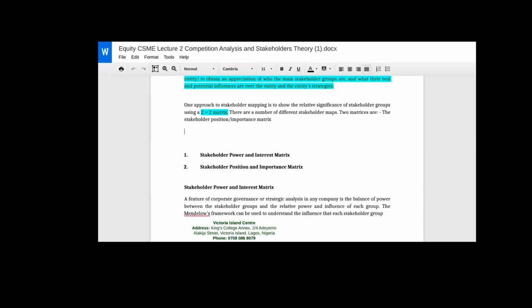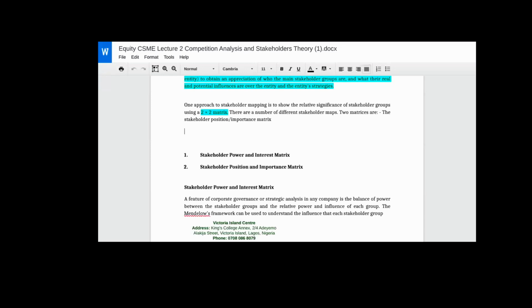Even at the foundation level, they said we should discuss this topic in a lighter mood, emphasizing the stakeholders power and interest matrix. And from time immemorial, for decades now, anytime ICAN has been setting questions, even recently when the question came out on this, it is still this number one, the stakeholders power and interest matrix, that they asked about.